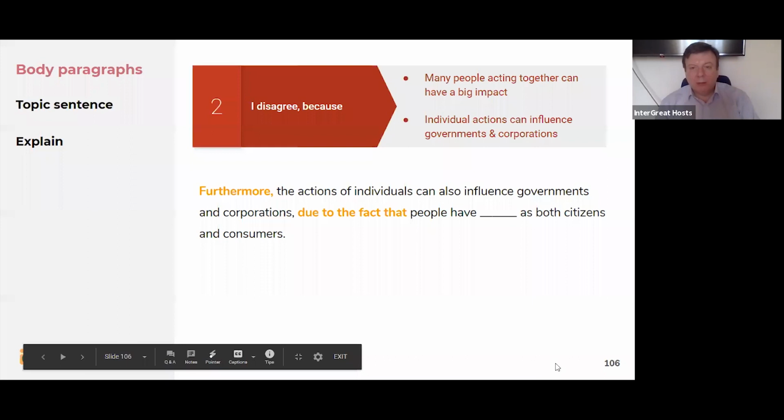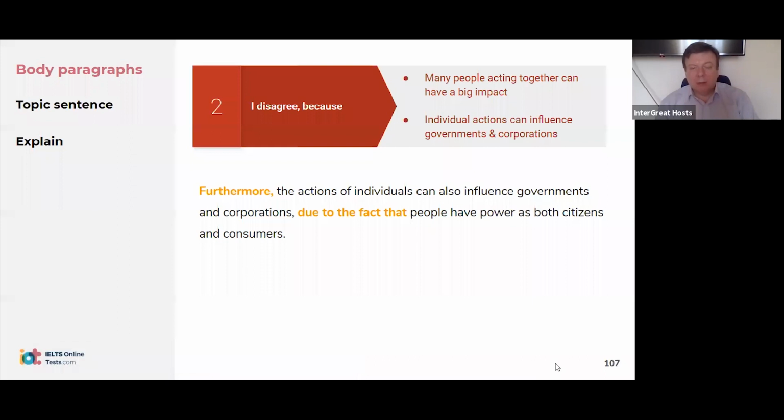Okay, I'll put it in. Power. So people have power both as citizens and consumers. So we'll give an example. Okay, for instance. So we had, for example, in the previous, now we've got, for instance.